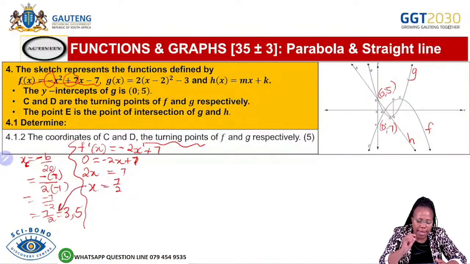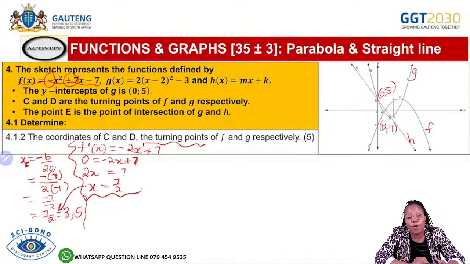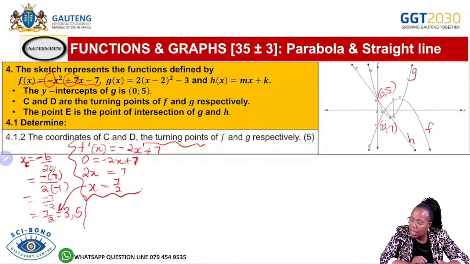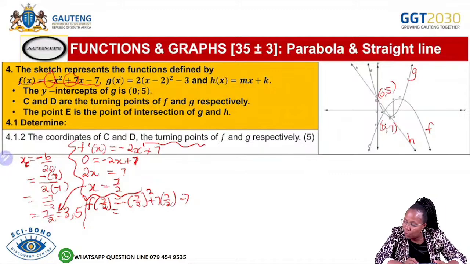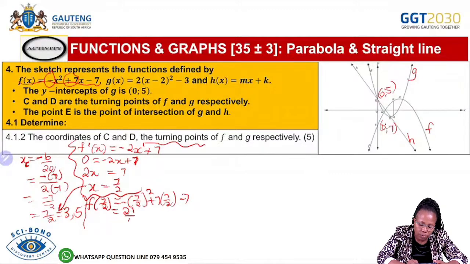And then to find the y turning point, you must substitute the value of x into your equation. That is the first method. So if you substitute 7 over 2 into your equation, that will be -(7 over 2) squared plus 7 times 7 over 2 minus 7. Into your calculator, this will give you 21 over 4, which in decimal is 5,25.